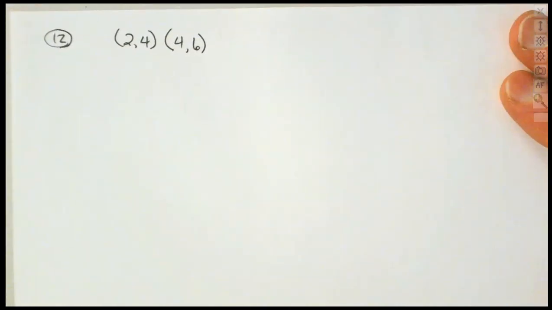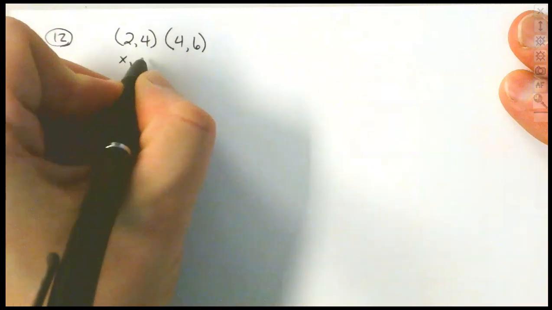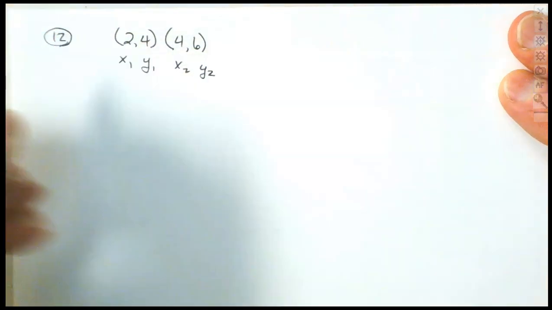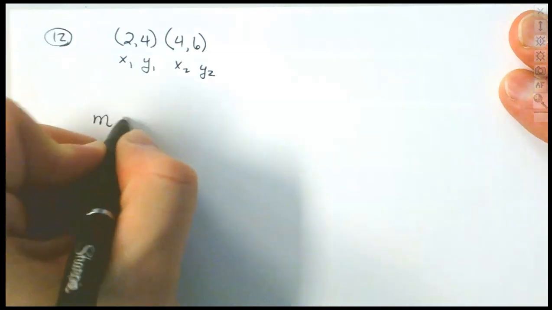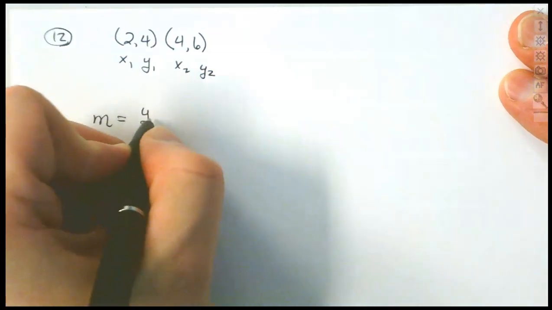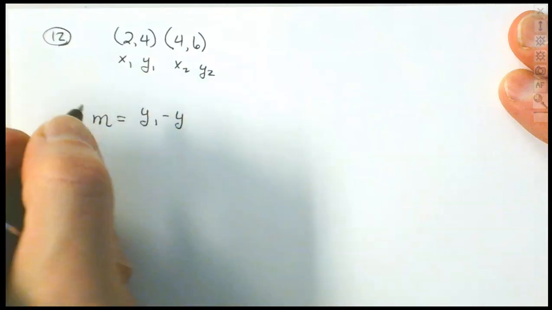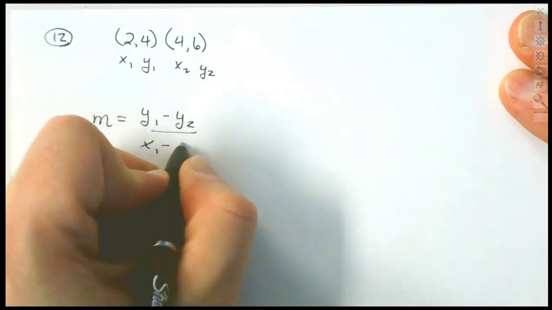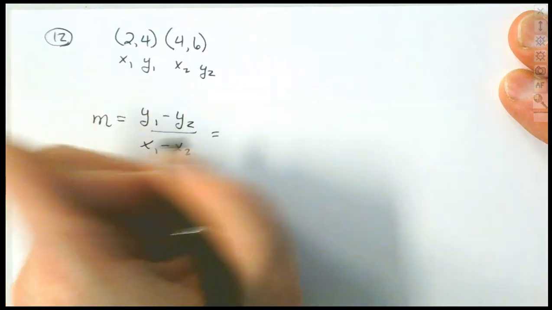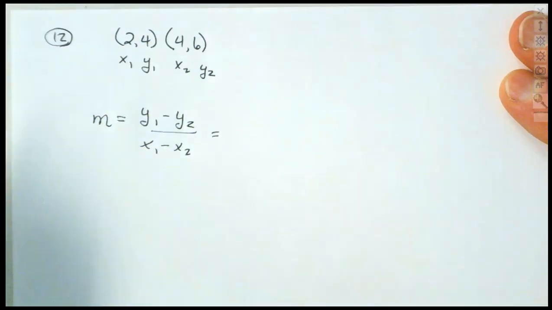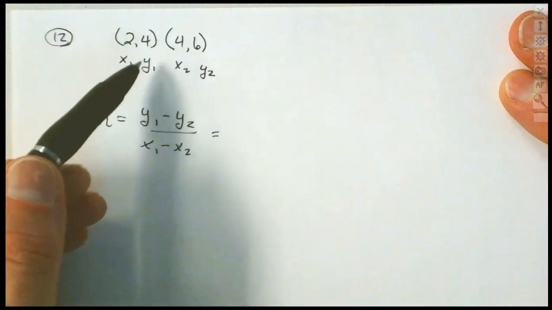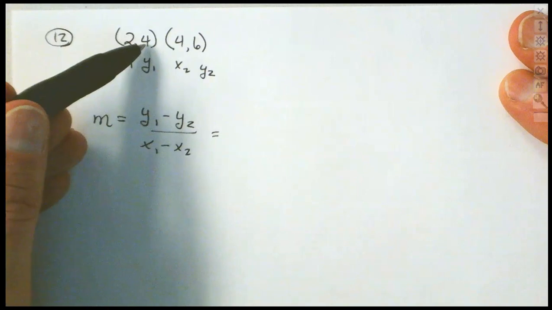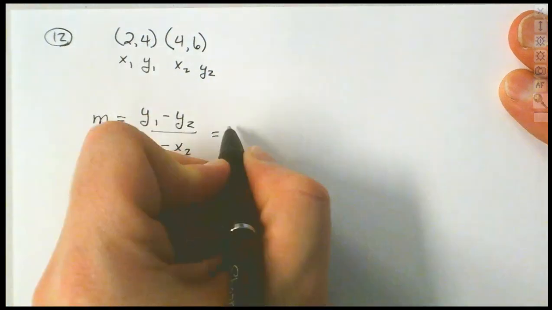2 points, we use our slope formula. And so we write out our slope formula. Remember, this is x1, y1, x2, y2. And our slope formula is m equals y1 minus y2 over x1 minus x2. Make sure you put the y's on the top, and that's where students sometimes make a mistake, as they think the first number goes on top. It doesn't. It's the second. So now we have 4, right?